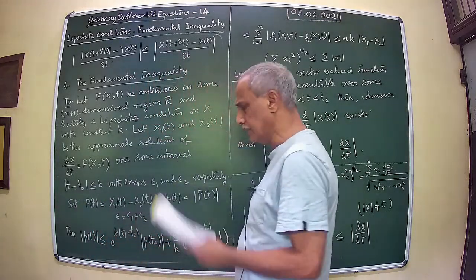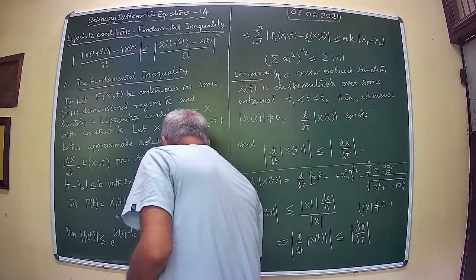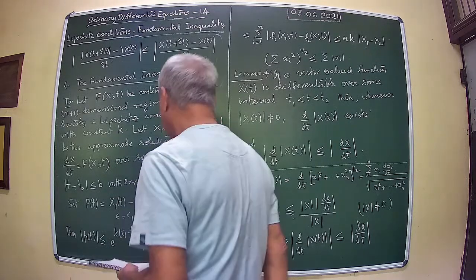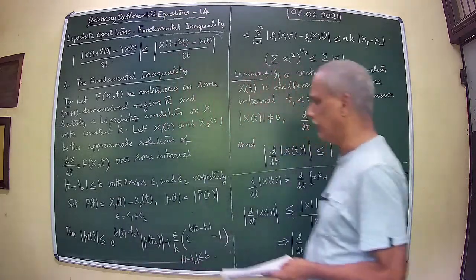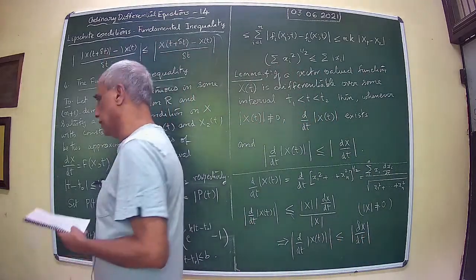This is the inequality valid for mod t minus t naught. It is exactly the same inequality as we have worked with P.